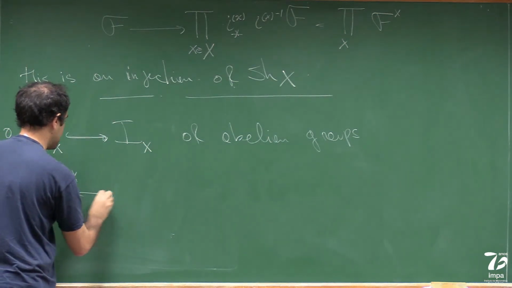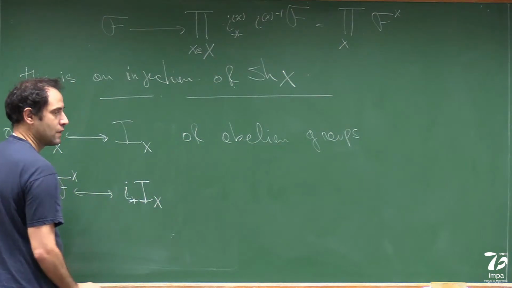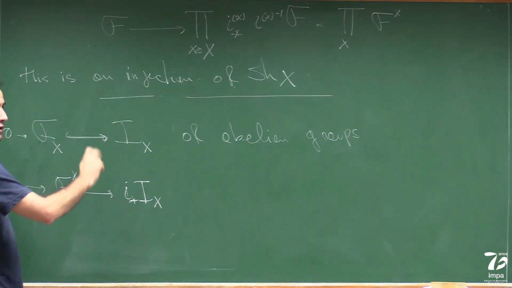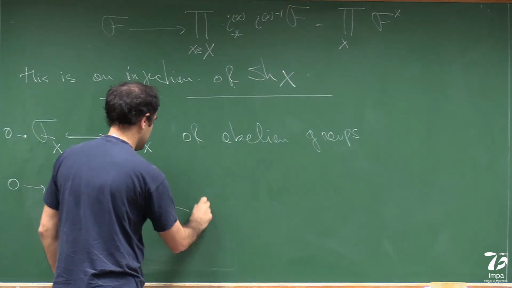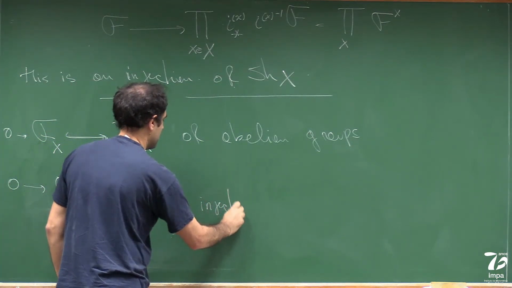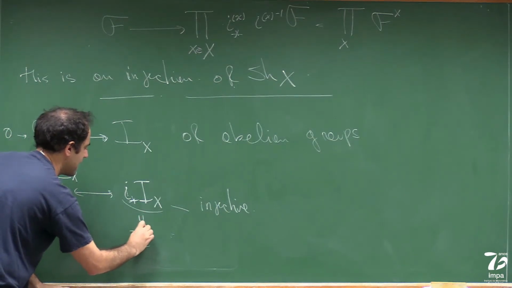And now I'm going to map it to i push forward of this. And this is going to be injective. So let's prove that this is injective. So let me put a name to that. This is going to be I sub x.